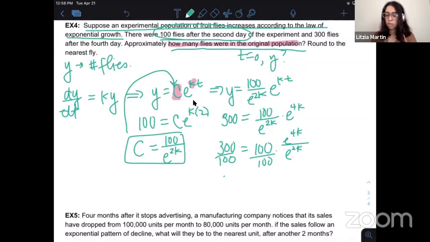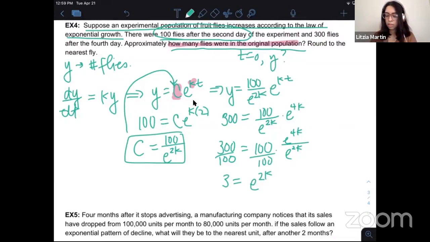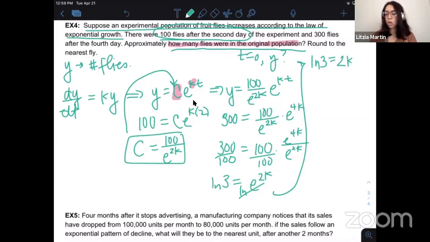So that's going to be 3 equal to e to the 2k. So simplifying wasn't actually that bad. We need to get rid of e, so we take ln of both sides. That e is gone. So now we have ln of 3 is equal to 2 times k. So k is equal to ln of 3 divided by 2.